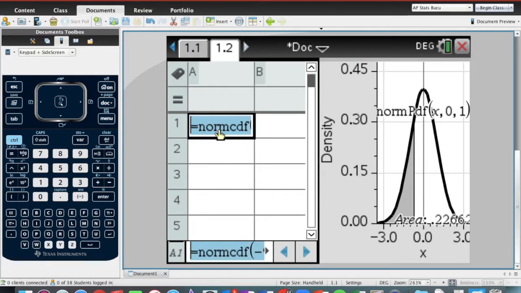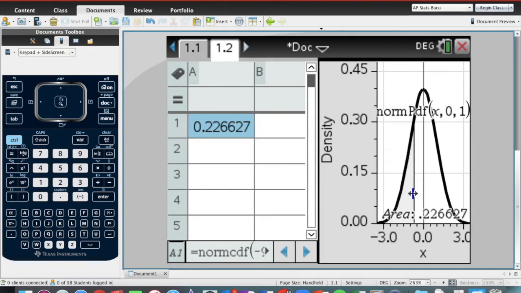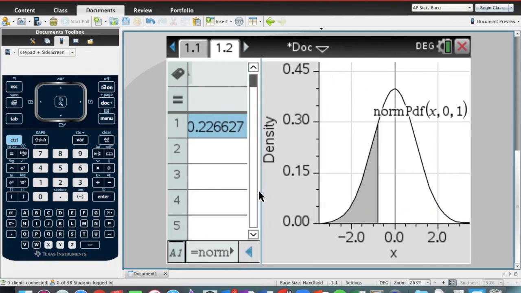Now I have the probability, which we found earlier, as well as a shaded graph that shows us exactly what we saw earlier from Desmos. So you are able to get your graph shaded and the probability in the lists and spreadsheets.